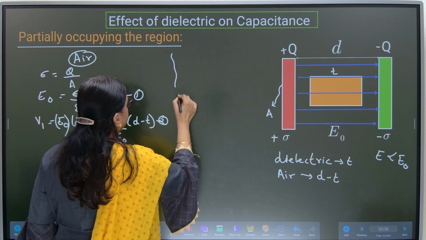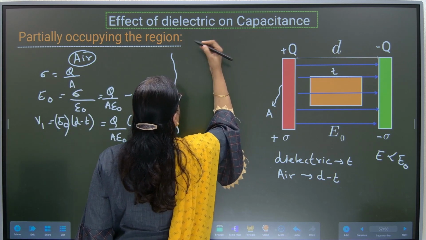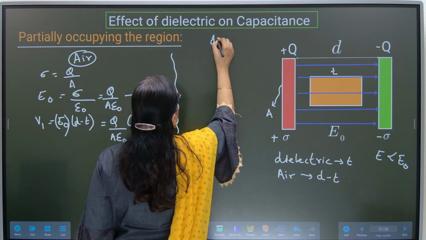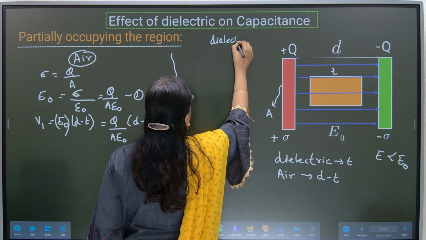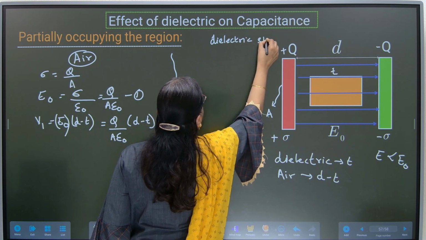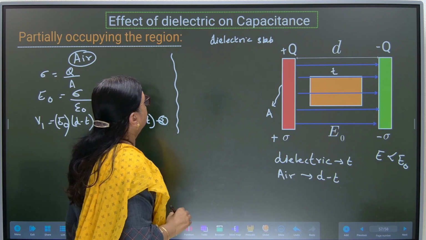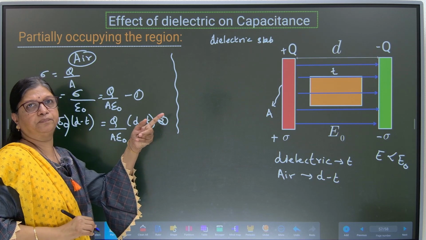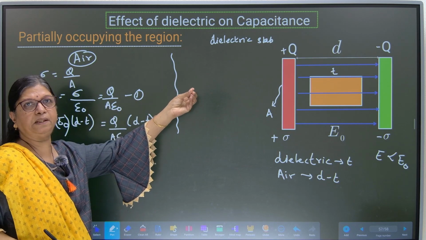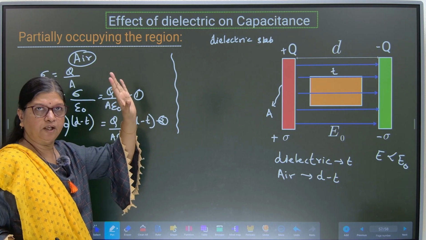Now, let us find for the dielectric slab. Sigma remains the same because the charge remains unaffected and the area is the same for the plate.